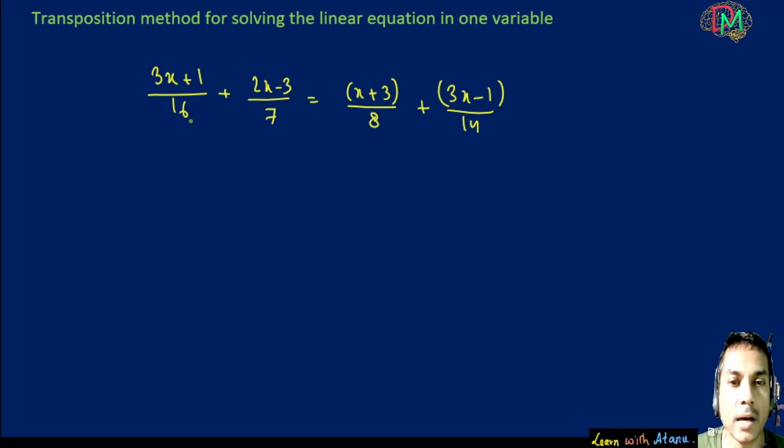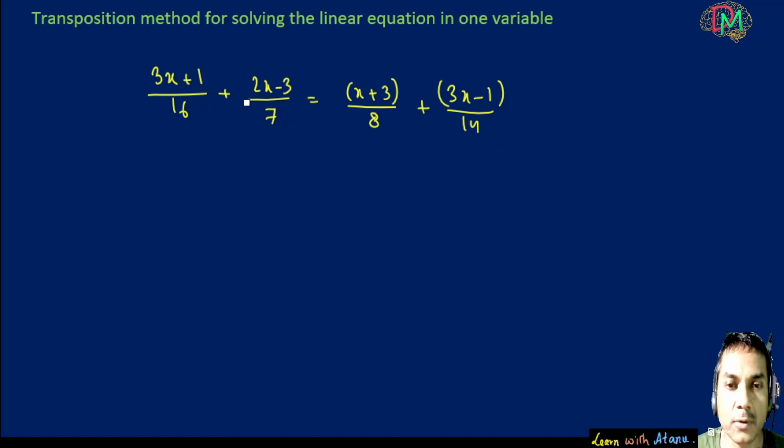So by looking at the question, for the easiest calculation, since here it is 16 and here it is 8, we get the LCM, that is 16, and here the 7 and 14, the LCM is 14. So we transpose.